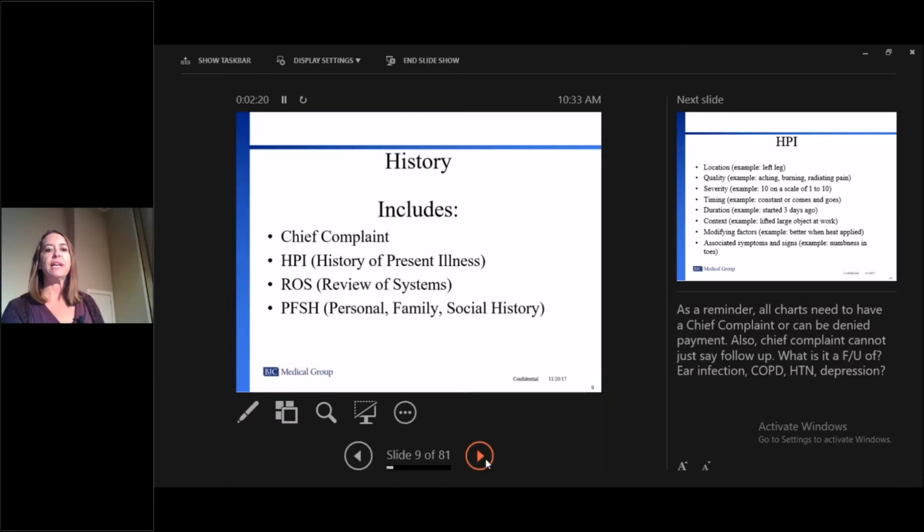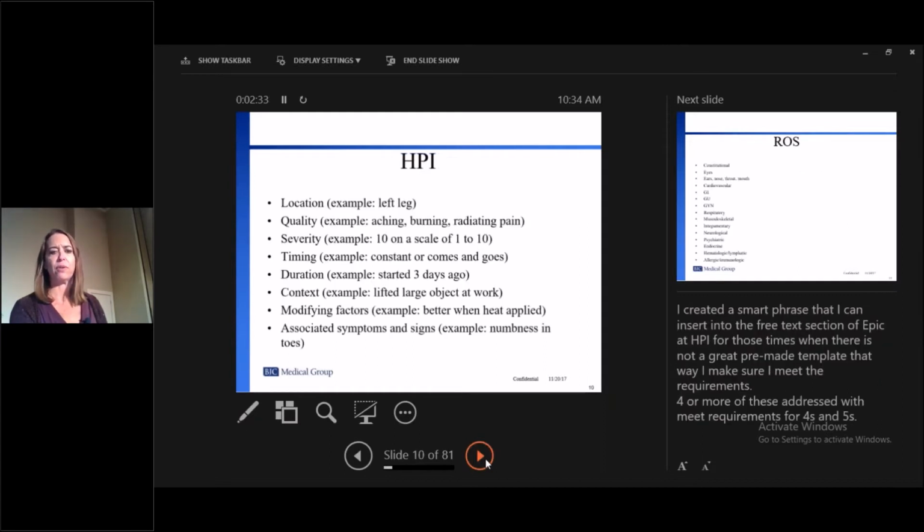So for your history, you have to include a chief complaint, your history of present illness, your review of systems, and your personal, family, and social history. And I'm going to go into each of these individually for you. So for your HPI, this is what the patient's coming in for.